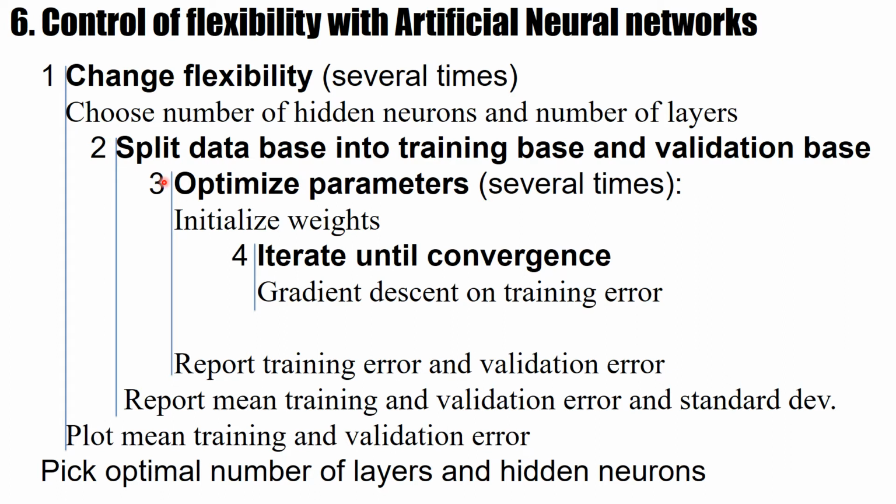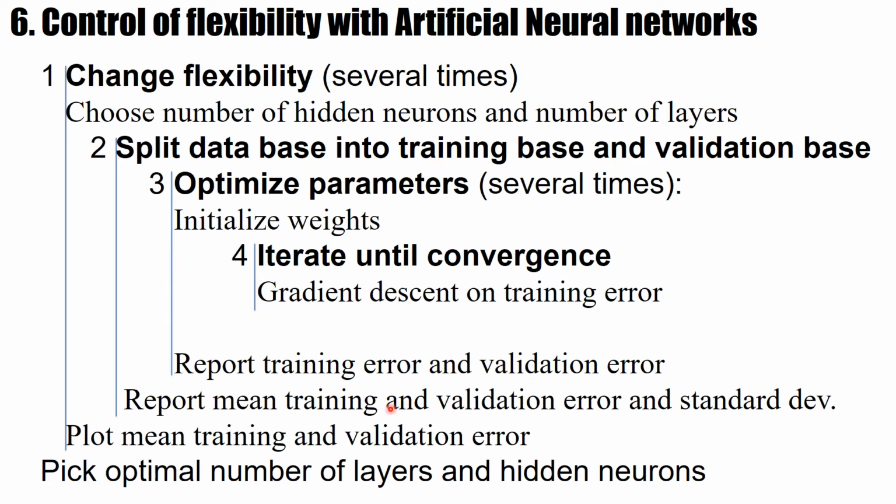Since the algorithm may get stuck in a local minimum, we do this several times with different weight initializations. We iterate until convergence, which means we do gradient descent on the training data. Then at the end, we measure the validation error.